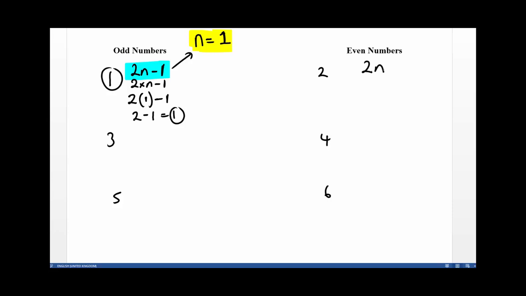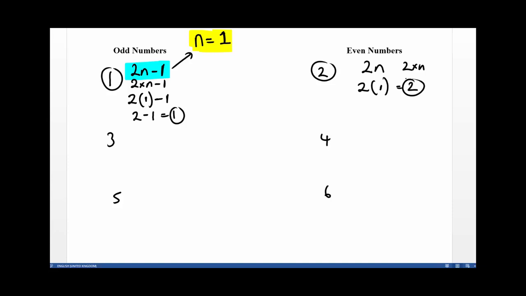Why have I written it as 2n? Because we've just said that n is equal to 1, and I'm looking for number 2, aren't I? So I'm going to do 2, open brackets, replace this n with 1, because we know 2n means 2 times n. So 2 times 1 equals 2.